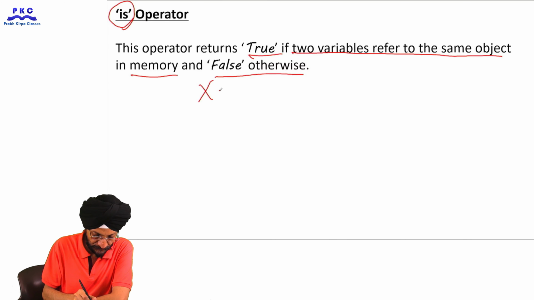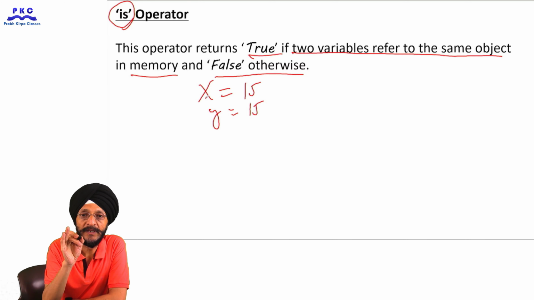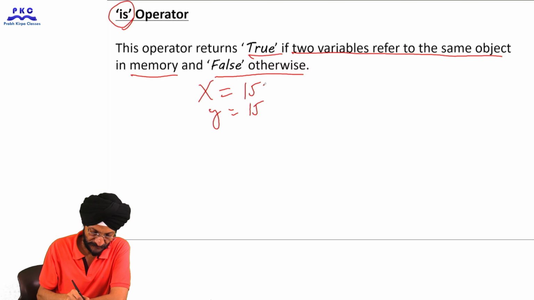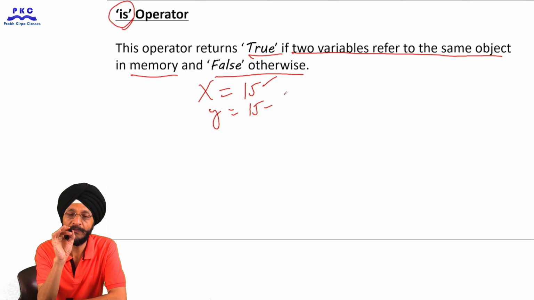Suppose we write x is equal to 15, y is equal to 15. x is a variable, y is also a variable. 15 is the value contained therein, or 15 is the object.